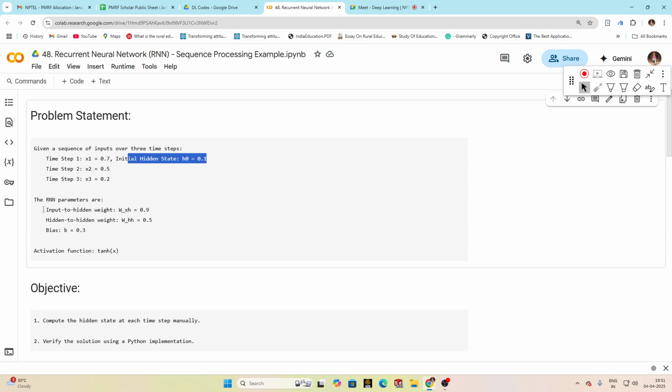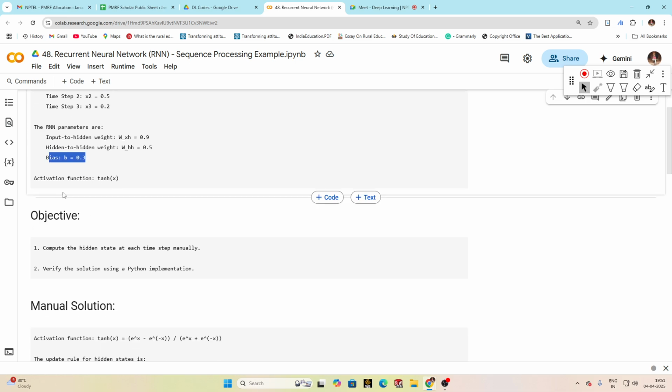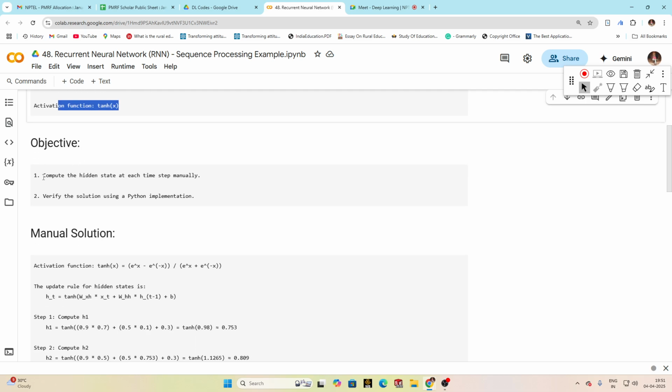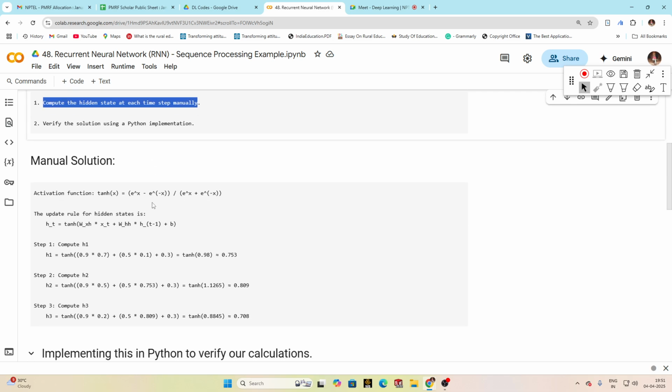The RNN parameters: the weight from input to hidden, wxh, is 0.9, the weight from hidden to hidden, whh, is 0.5, and the bias is 0.3. The activation function is the tanh function. Our objective is to compute the hidden state at each time step, that is h1, h2, h3, and second, to verify the solution using a Python implementation.